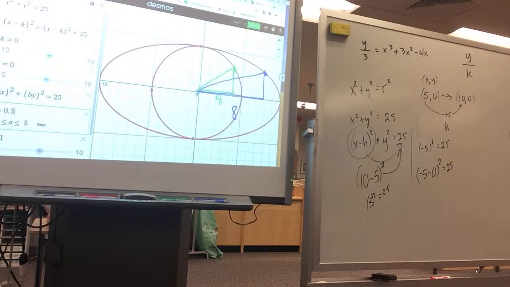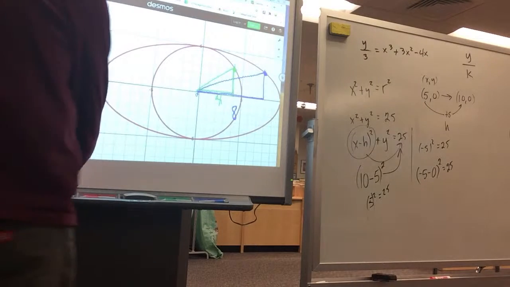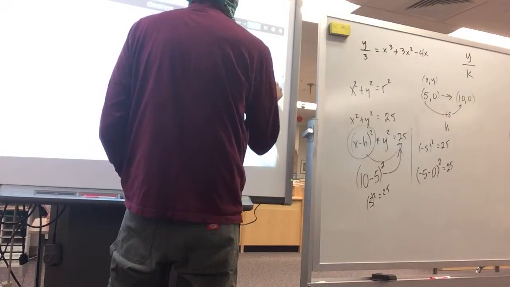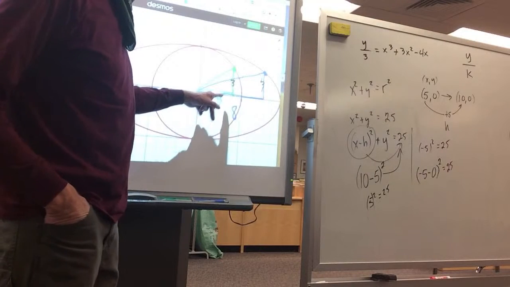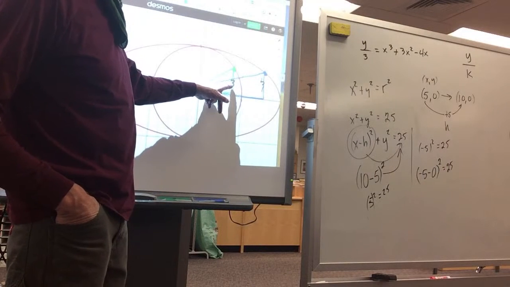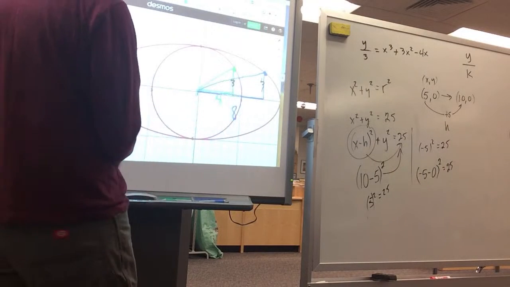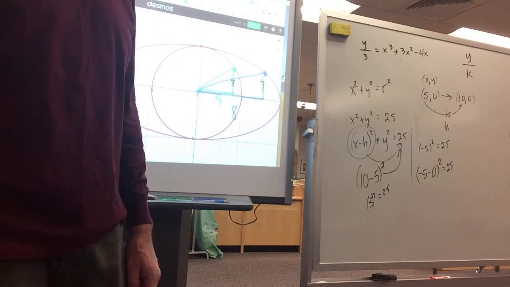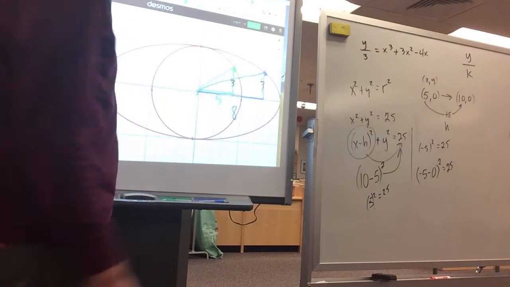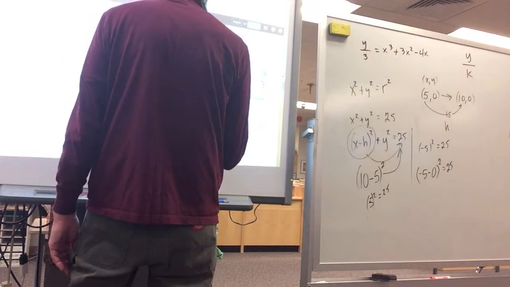A squared plus b squared equals c squared. Those are Pythagorean triples right now. So 3 is here. 4 squared is 16, plus 9 is 25. The square root of 25 is 5.